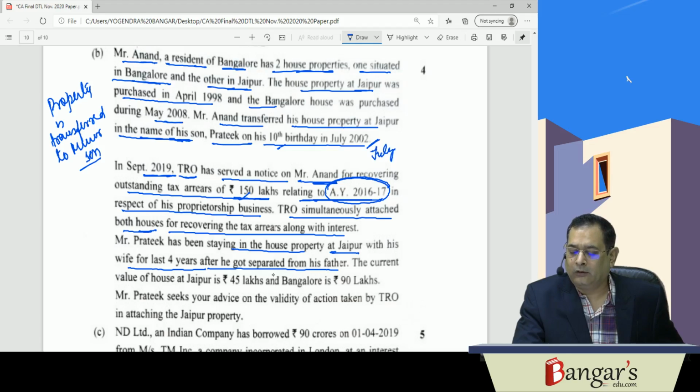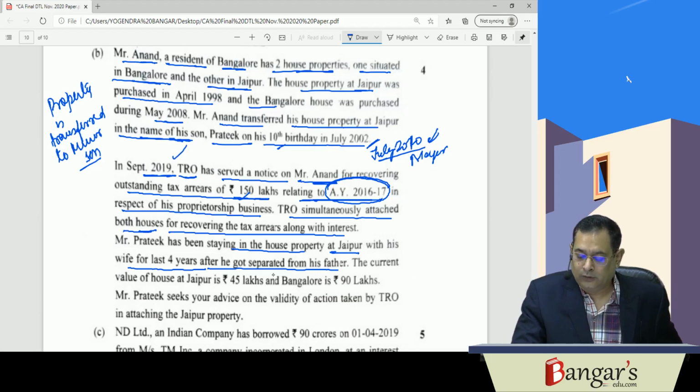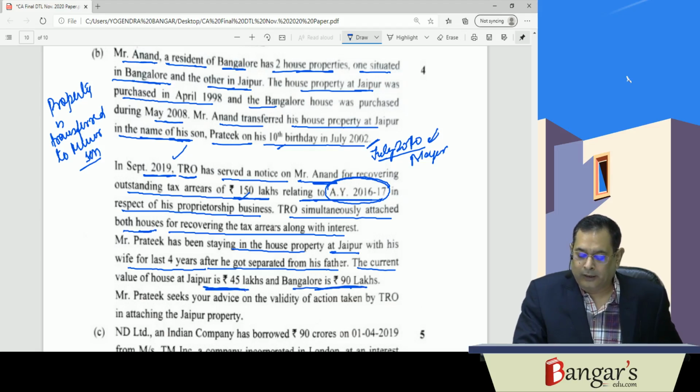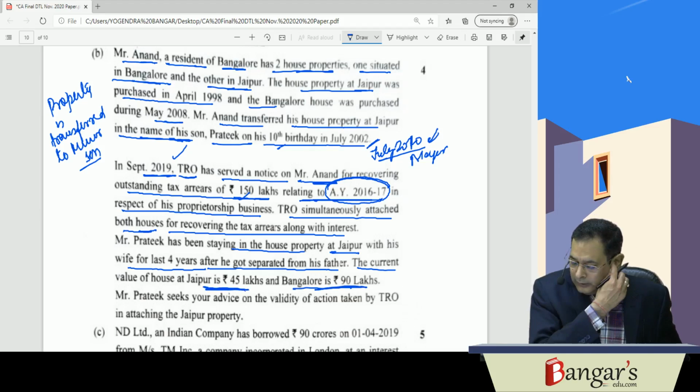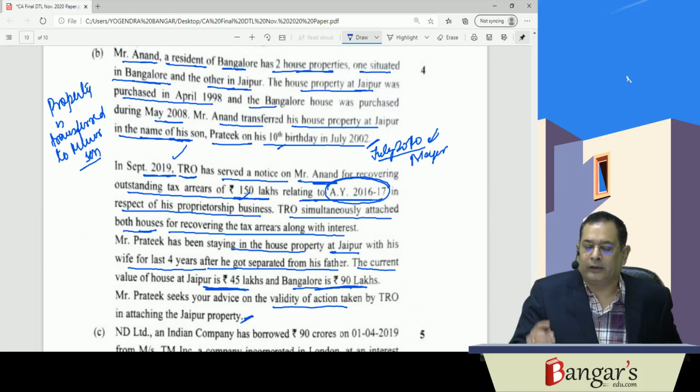In July 2010, he became major, and now in September 19, the TRO is serving the notice. The current value of the house in Jaipur is 45 lakhs and Bangalore is 90 lakhs. Now, Mr. Pratik seeks your advice on the validity of the action taken by TRO in attaching the Jaipur property.